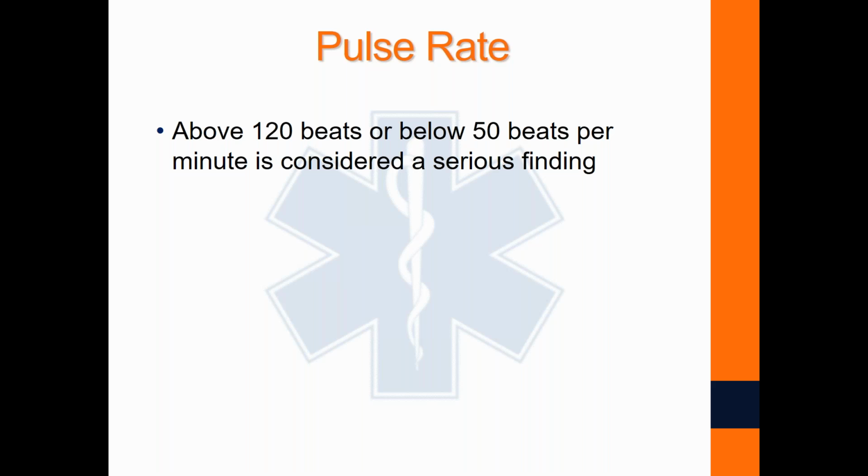Generally speaking, a resting heart rate that is either way, way fast like that or really, really slow like 50, unless our patient is either in the middle of a pretty significant workout and has a heart rate of 120, because that's obviously then not resting, or my patient is a marathon runner or some form of really in shape professional or even amateur athlete who just doesn't require as many beats per minute to supply oxygenated blood, we're going to call that a significant finding.